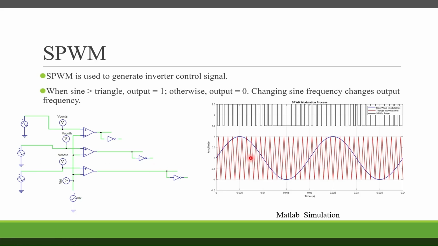And when sine is lower than the triangle, the output is minus 1. So that's an inverter. So it's 1, 0, or 0, 1.